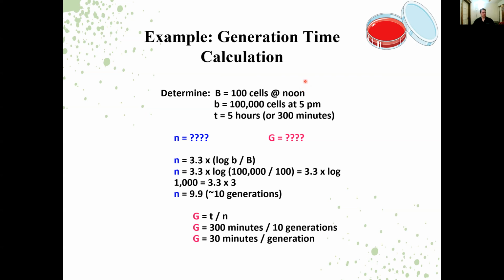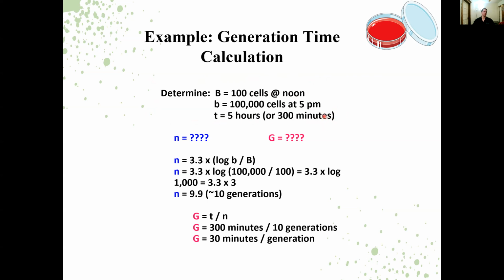So how do we do this? First, you'll have to figure out the time. Between noon and 5 p.m. there are 5 hours, or 300 minutes. Keep in mind that you typically want to keep your time in minutes, because these bacteria have such quick generation times. You don't want to be dealing with 0.4-something of an hour.